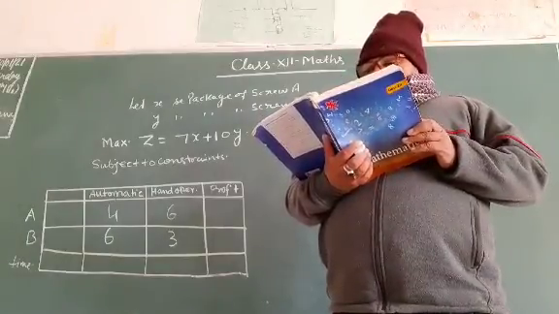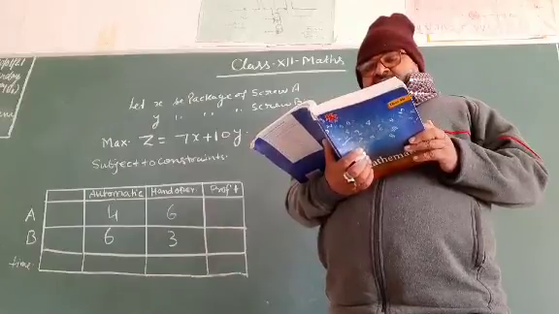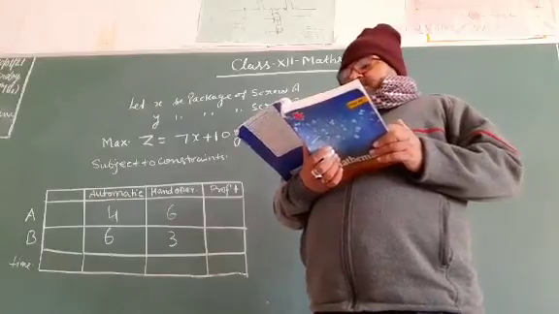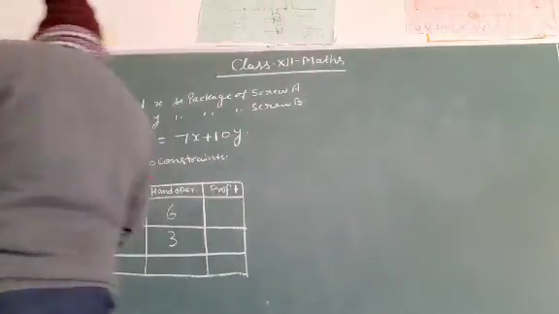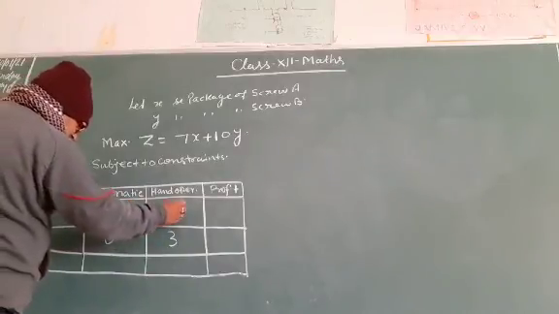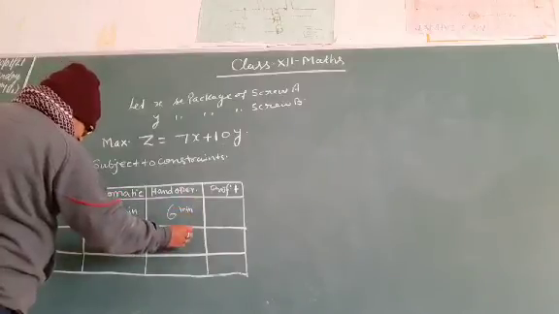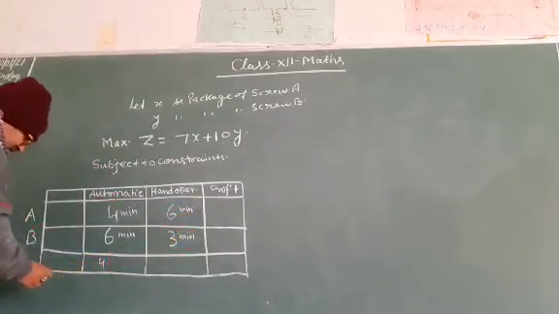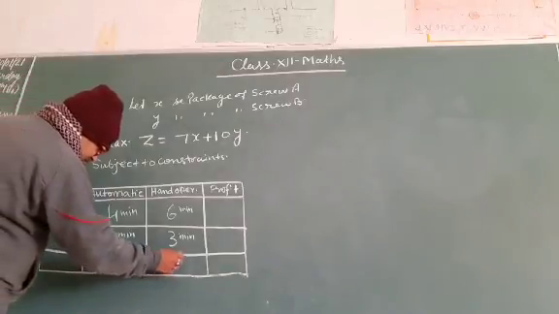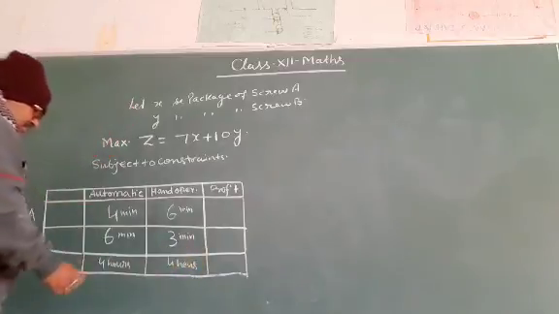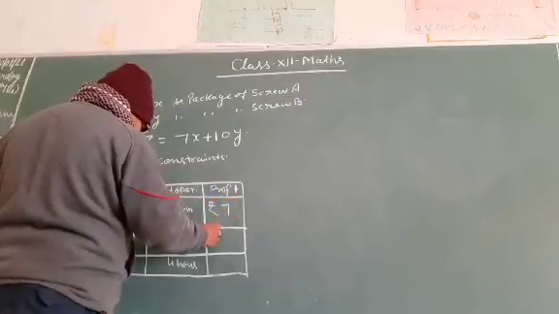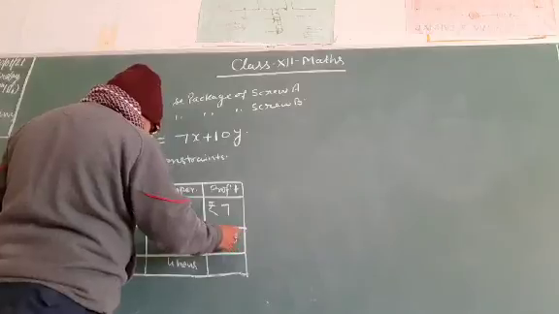The total time available is at most 4 hours. And the profit for screw A is rupees 7 and the profit for screw B is rupees 10.